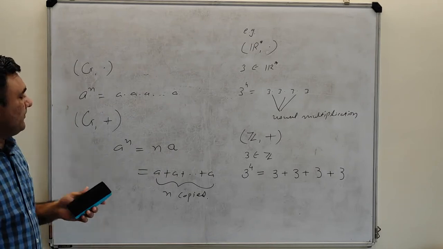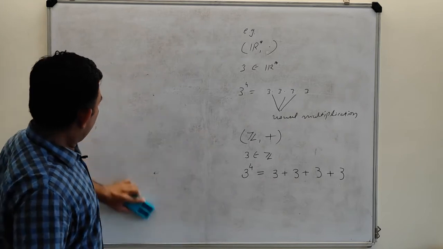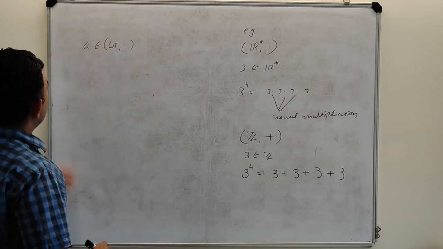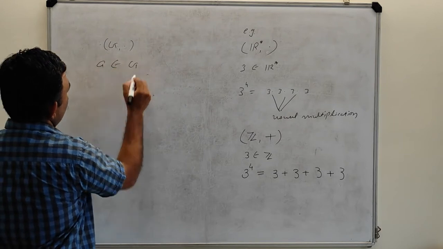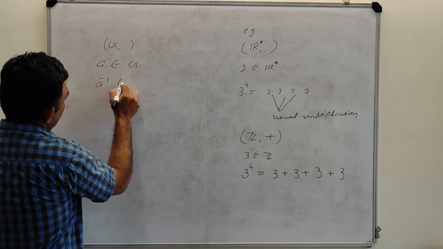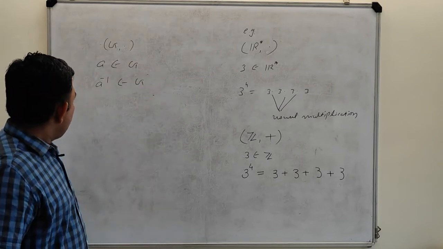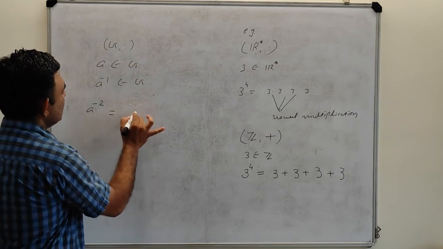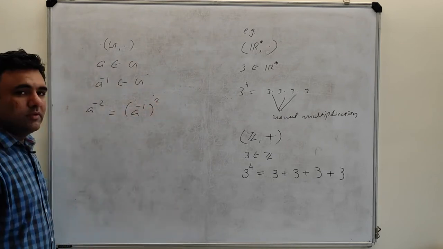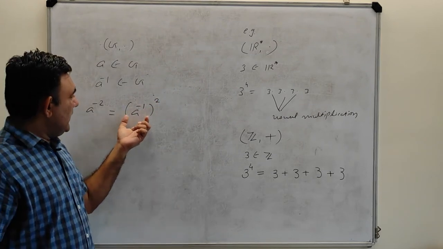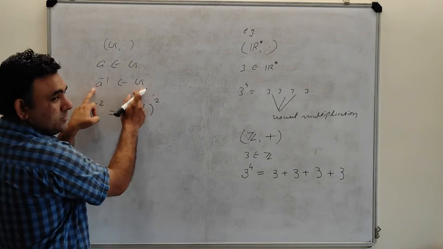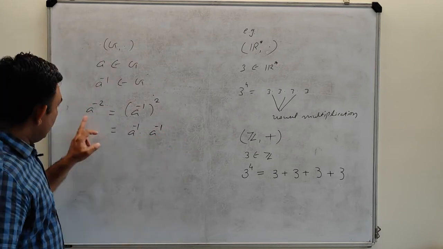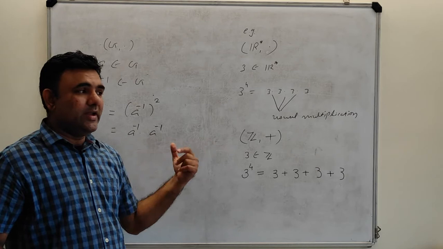Now one more thing. In a group, consider a belonging to G, where G is a group with multiplicative notation. Then a inverse will also be in G. Now a raised to minus 2 means a raised to minus 1, squared. So a raised to minus 2 is a inverse squared, and since a inverse is an element of G, this means a inverse into a inverse.